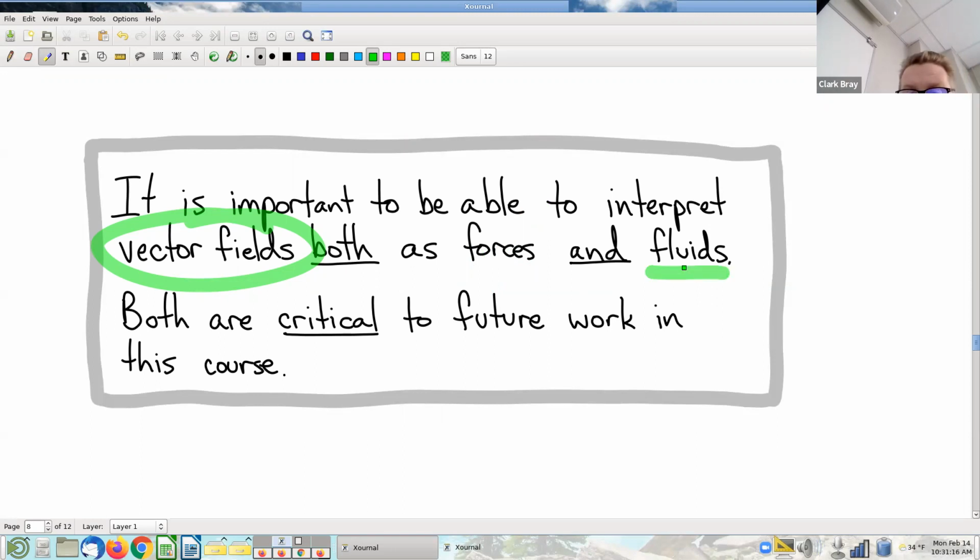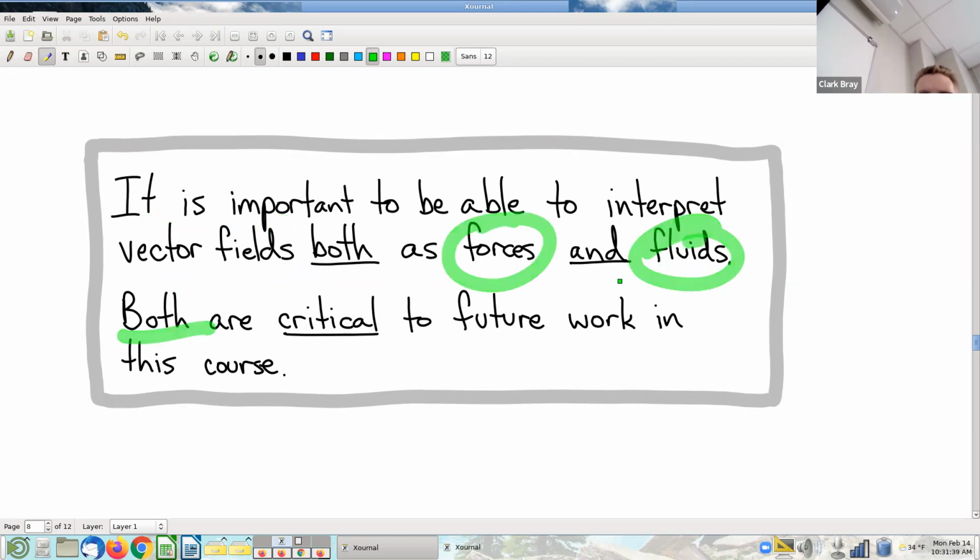But if you imagine the vector field as representing a fluid, then this fluid point of view will help you understand. It'll give you a visual, something highly relatable to understand the mathematical construction. So I emphasize both the force point of view and the fluid point of view are really important to understanding the math involved here. So don't think of these as just applications that I don't personally care about. No, they're going to help you understand the math itself.